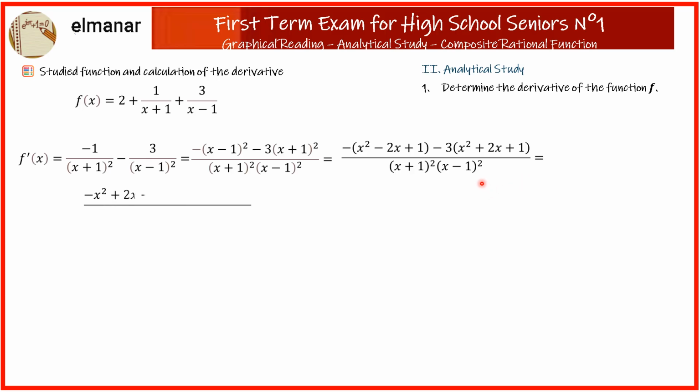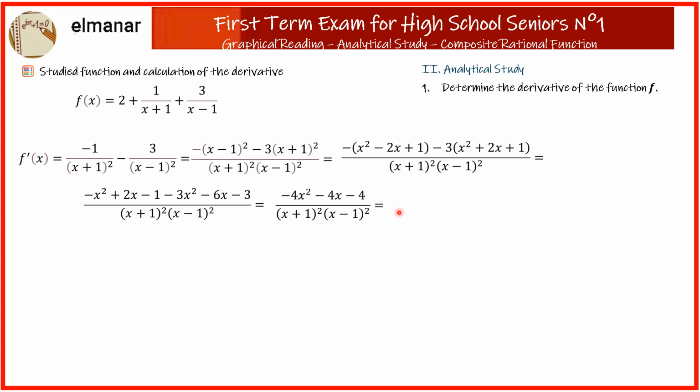Multiplying the second result by 3 gives 3x² + 6x + 3. Now we compute the complete numerator. We subtract 3(x+1)² from (x-1)². This gives -4x² - 4x - 4.